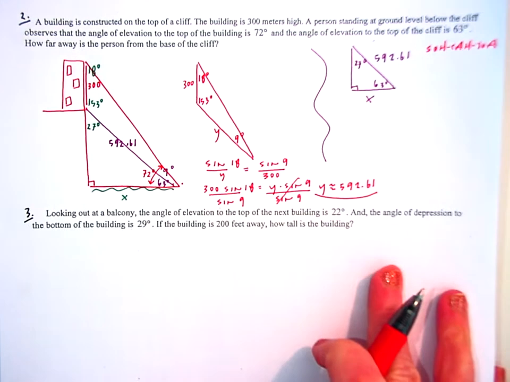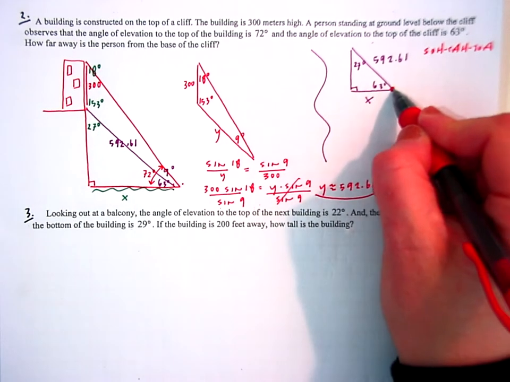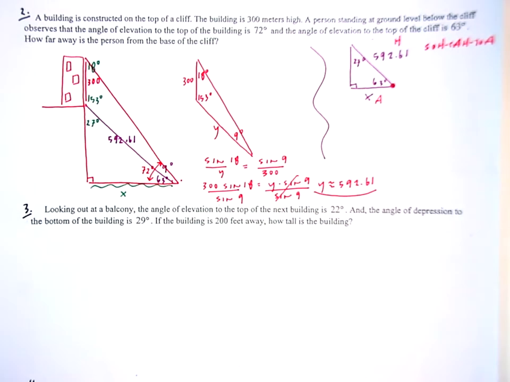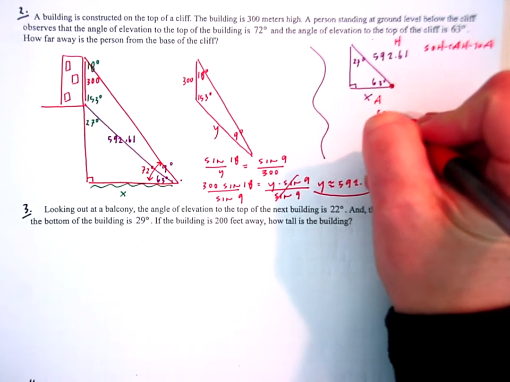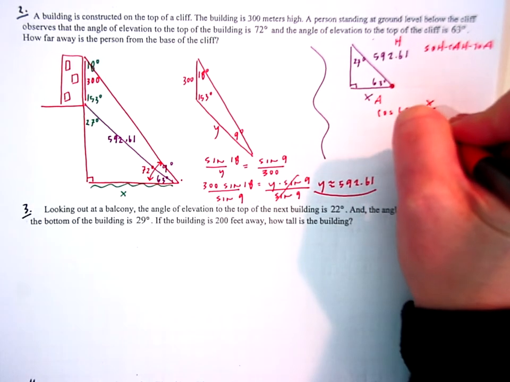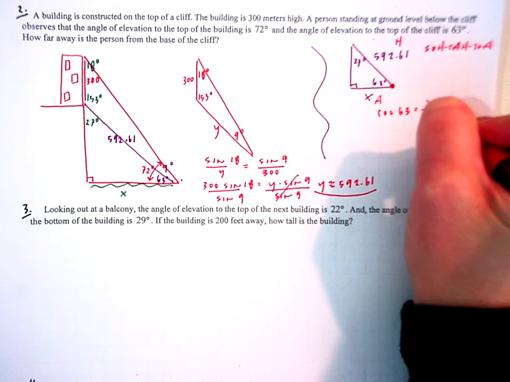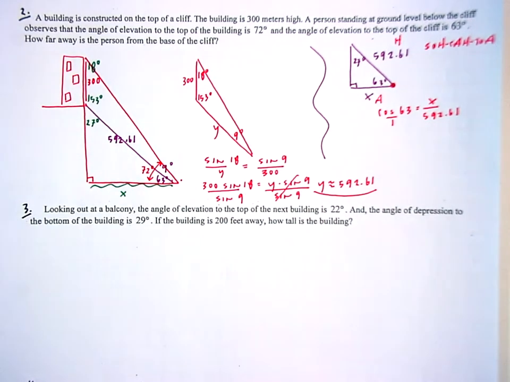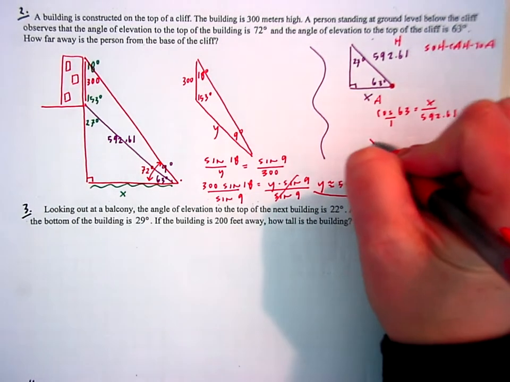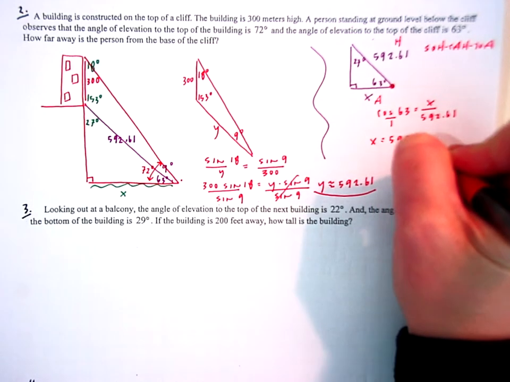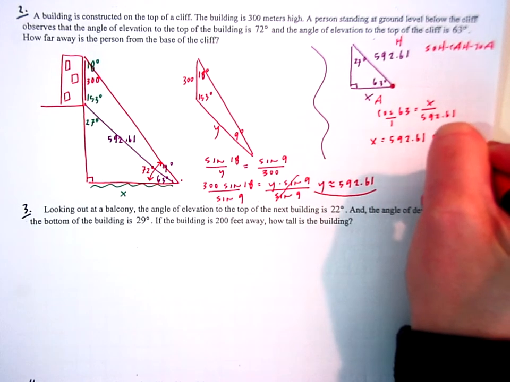So if I call this right here my reference angle, then I have an adjacent side and I have my hypotenuse. So I can use cosine. So I can say that cosine 63 equals my adjacent over my hypotenuse. Just like that. I like to visualize it as a proportion, and then I'm cross-multiplying. So I'm saying that x will be equal to 592.61 times cosine 63.